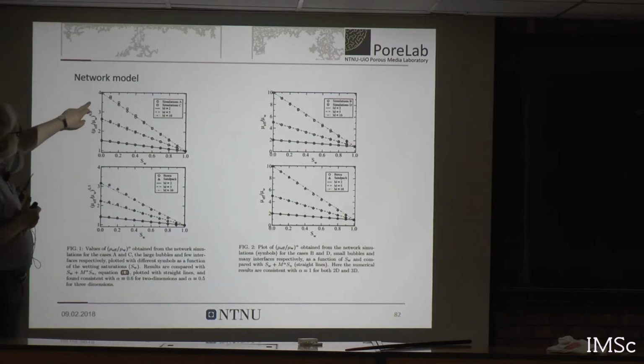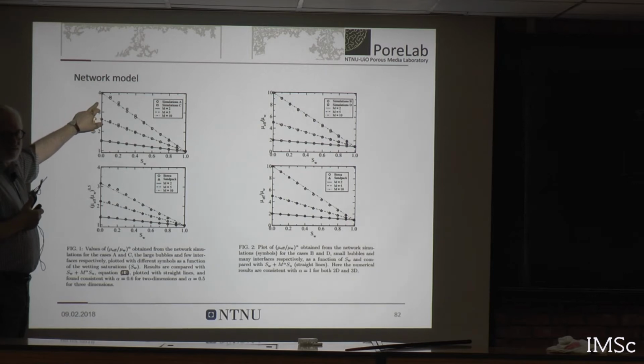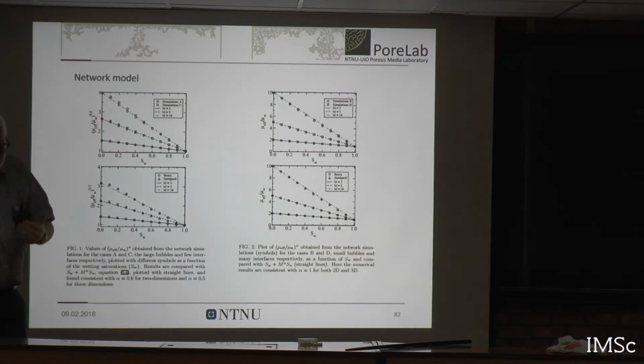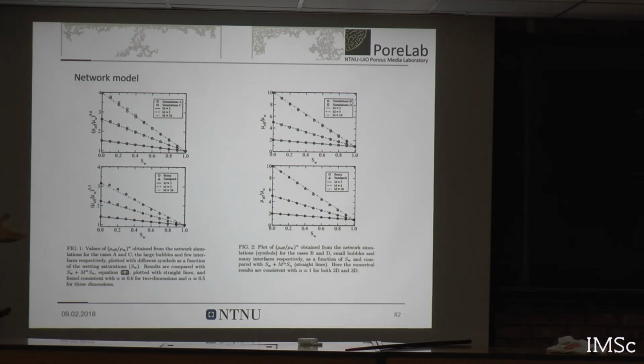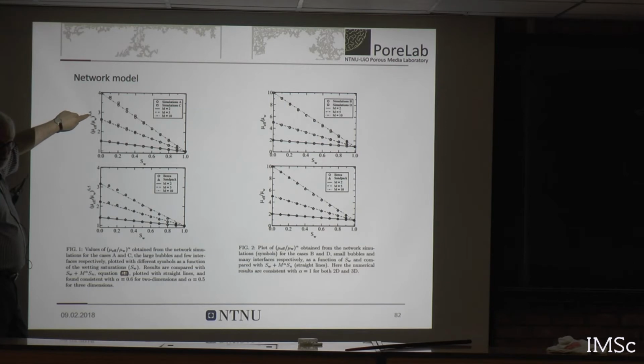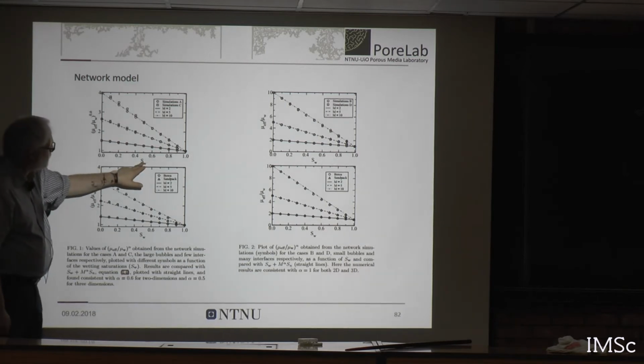If you have bubbles, you do not allow many interfaces inside your pores. That means your pores are pretty big compared to the bubbles, and you get an exponent alpha equals 0.6. Here's SW.